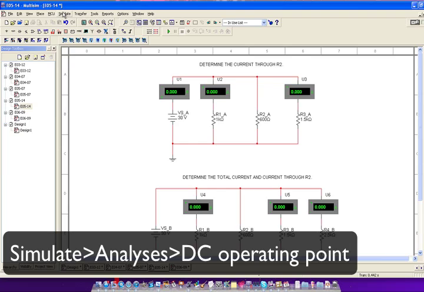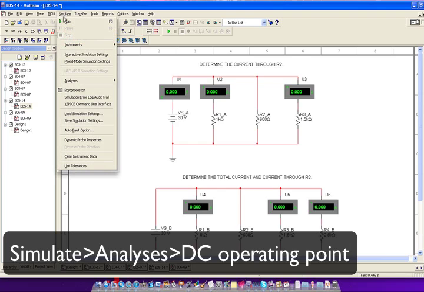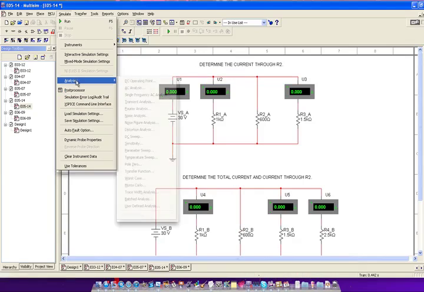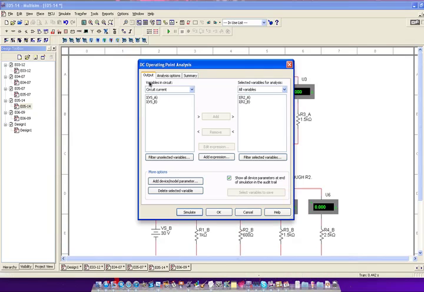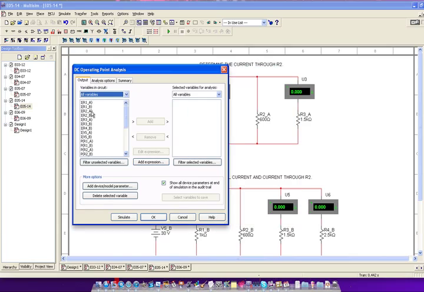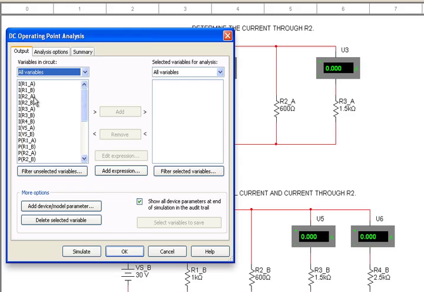We can get the window for this analysis from Simulate, then Analyses, DC operating point. Here we specify the variables in the circuit that we want to measure. So let's see all the variables here. I want the current at R2A and the current at R2B.